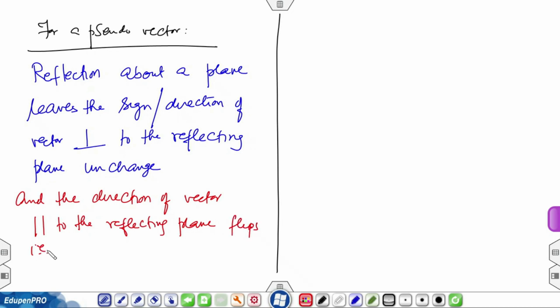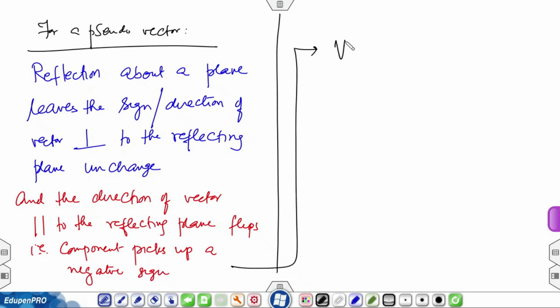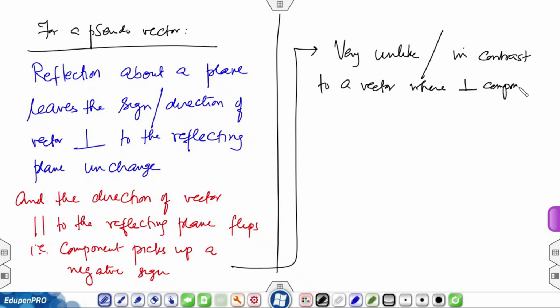That is, component picks up a negative sign, and this is very unlike, or I should say in contrast to, a vector where perpendicular component changes sign and parallel component remains unchanged.